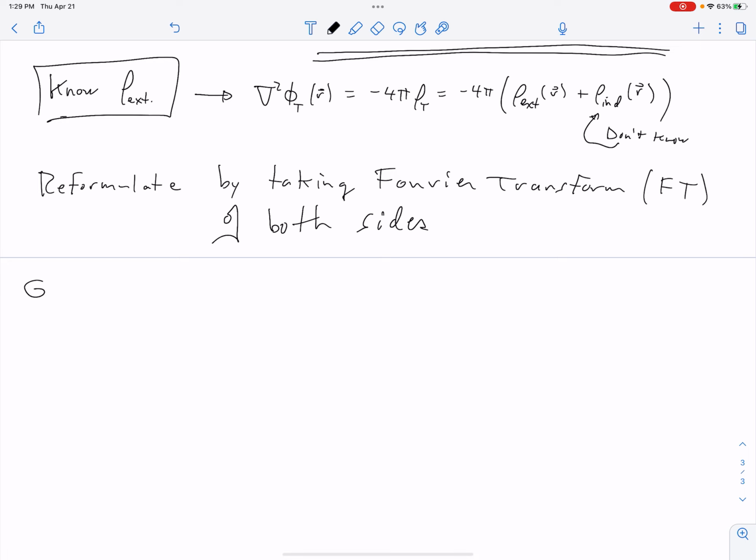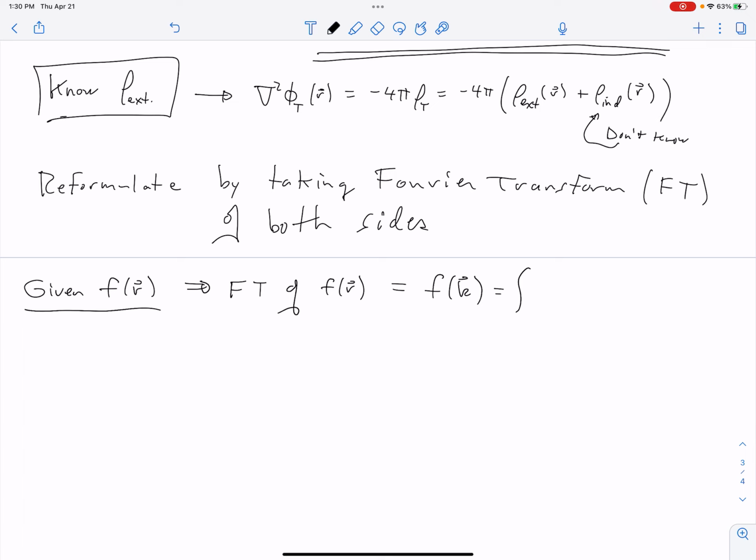If I give you some function f of r, then the Fourier transform, which I'll call f of k, is equal to the integral of f of r e to the minus i k dot r d cubed r, over all space. I'm just going to call it f of k, although maybe I should put a twiddle on top, since it's not just the same function plugging in a k.